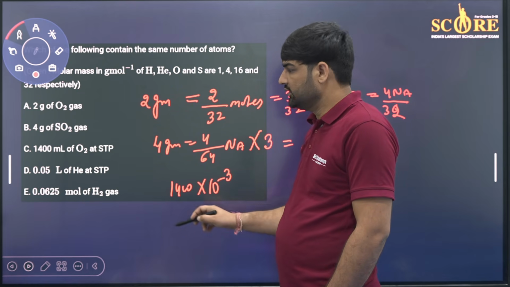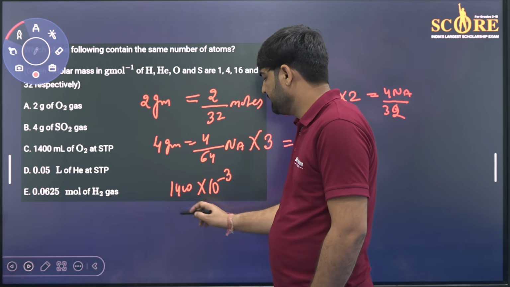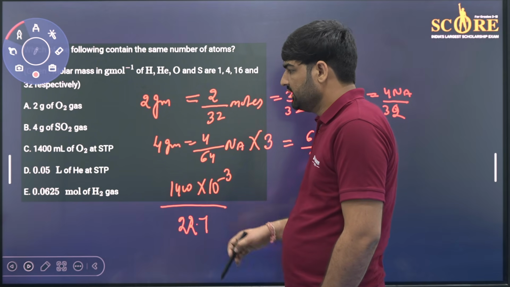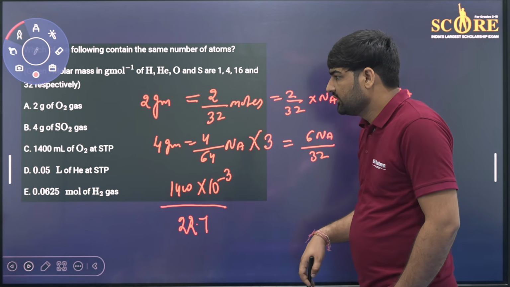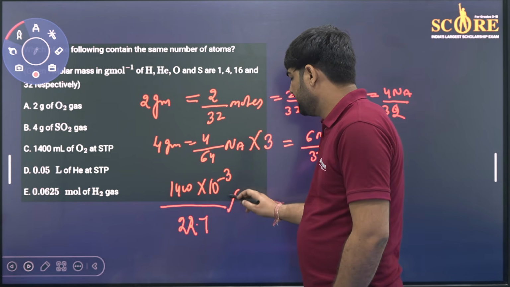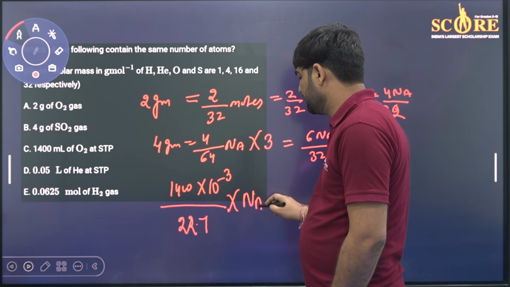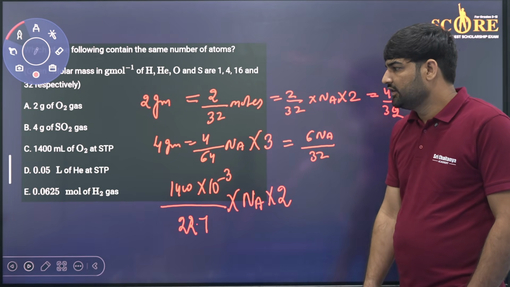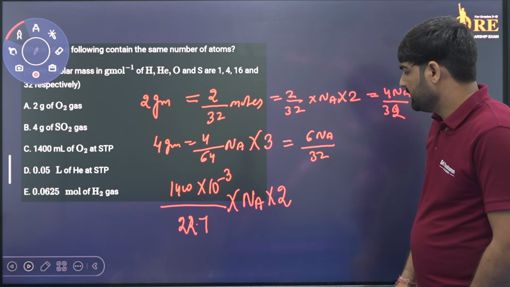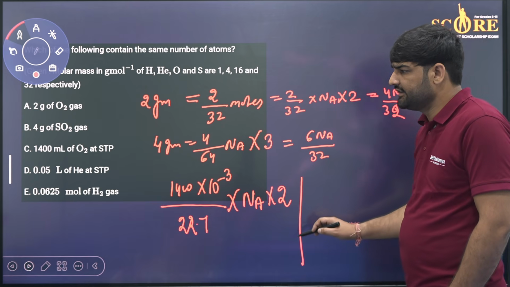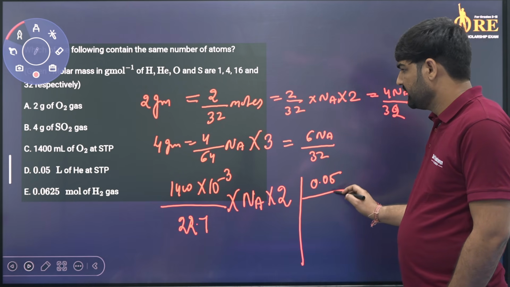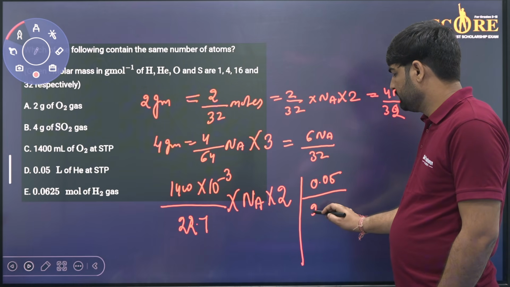So this is the volume of the O2 at STP, and now we have to divide by 22.7. This will be the mole of the O2, and now these are the molecules and these are the atoms of oxygen. And now for helium, we can say 0.05 liter and 22.7.